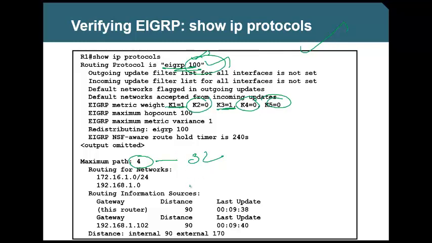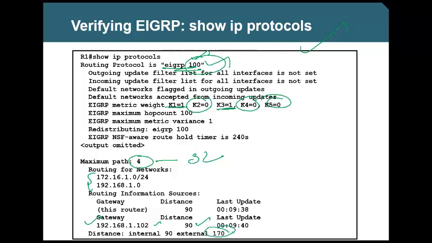On router 1, EIGRP is running on these two network-enabled interfaces, and this is the neighbor's address. Administrative distance is 90. If you learn an external network, meaning a network redistributed into EIGRP, then the administrative distance will be 170.